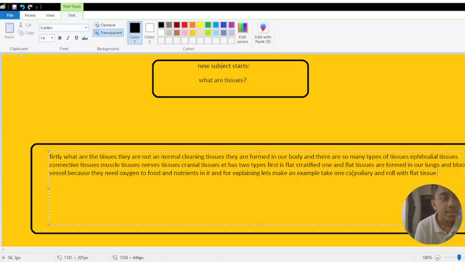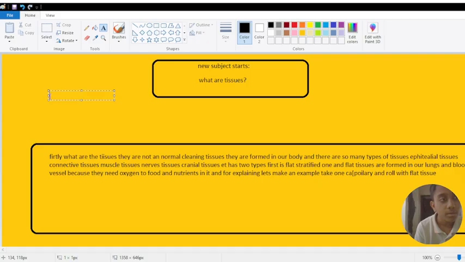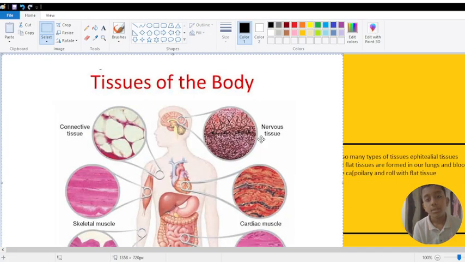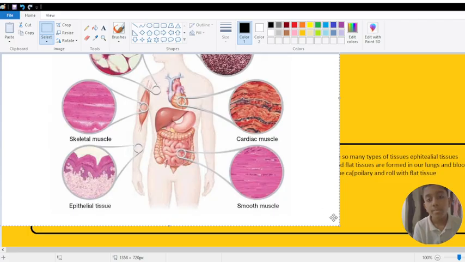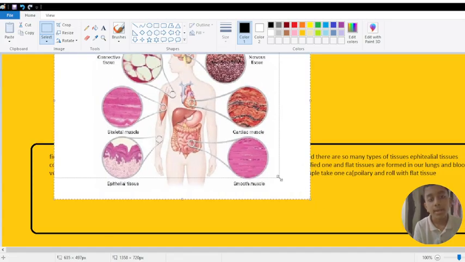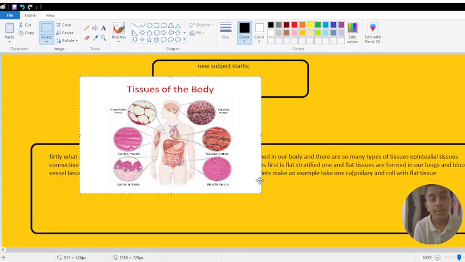Wait, let me paste one picture here. I'm pasting a picture to make it more clear and easy. I have brought one picture here. This one. You can see there are so many types of tissues that we are going to cover in our video.